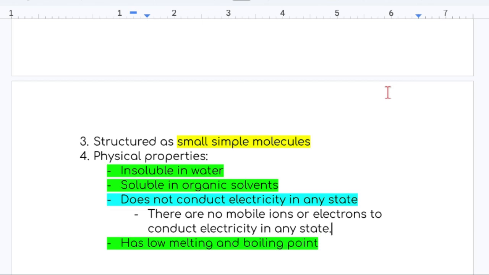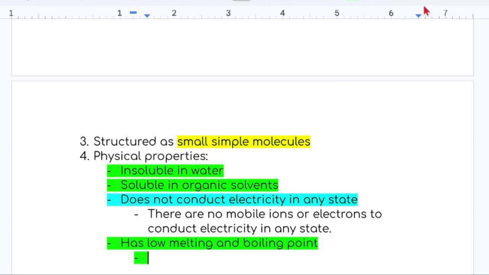Like we know that covalent compounds share electrons. They don't simply give each other or exchange electrons, which is why there are no mobile ions or electrons to conduct electricity in any state.